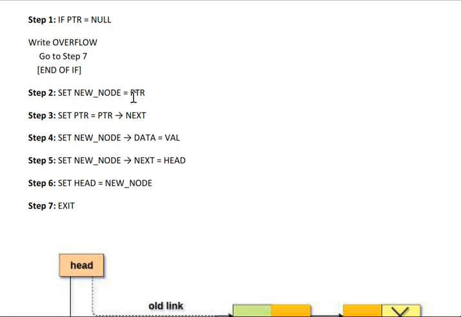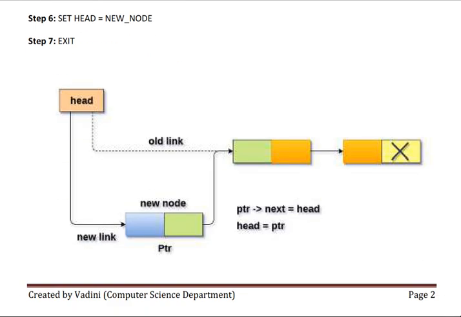Then set new node equal to pointer, we assign it to the pointer as the new node. Then set pointer next equal to head, and head equal to pointer. So what is head here?